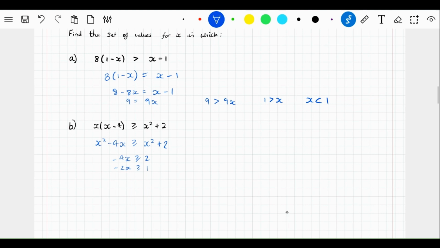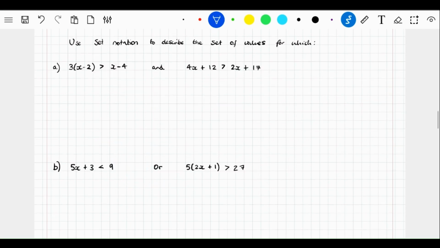And then what we can do is we can flip the signs on both sides. So we're left with 2x is greater than or equal to minus 1. And then if we divide that by 2 again, we're left with x is greater than or equal to minus 0.5. And that is our answer for that one there.